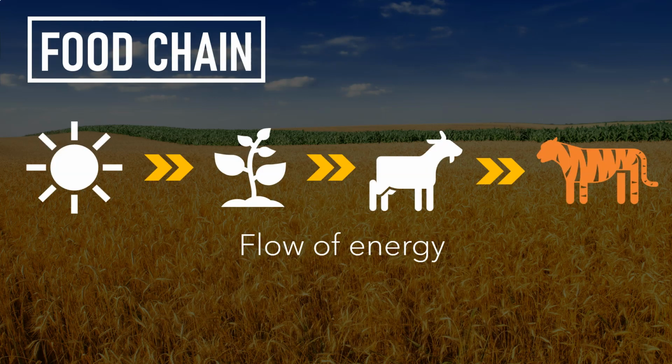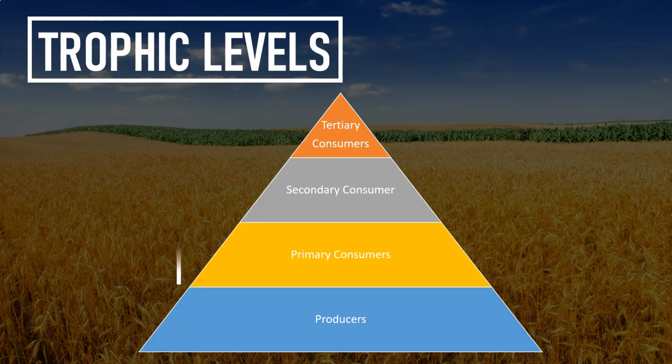If we go back to our food chain here, we can see that the producers would mean the green plant. The primary or secondary consumer would be the goat, and the tertiary consumer would be the tiger. The population of tiger is the lowest, but the size of the tiger is the highest. And the population of the green plants are the highest, although its size might be the smallest.